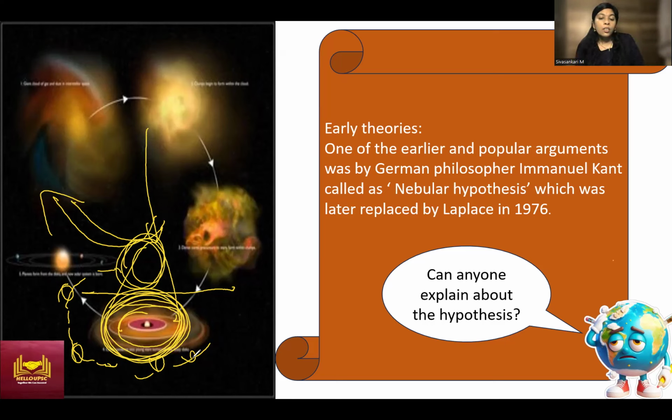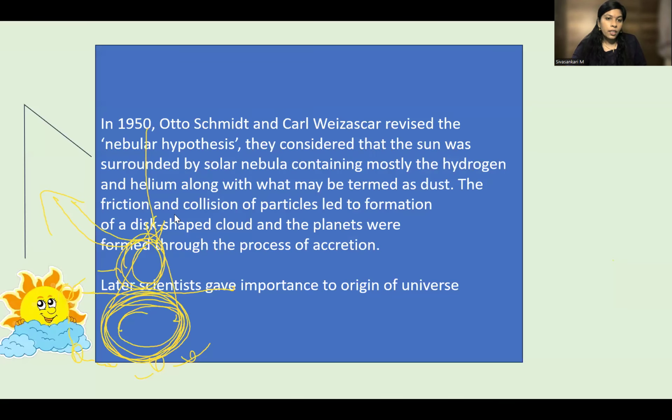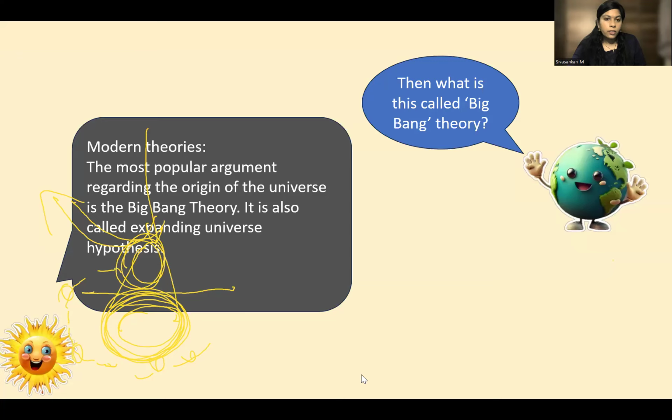So what is that theory about? It is the Big Bang theory. We all know the word Big Bang. This popular theory is called the Big Bang theory. Just a minute. Yes, see this.